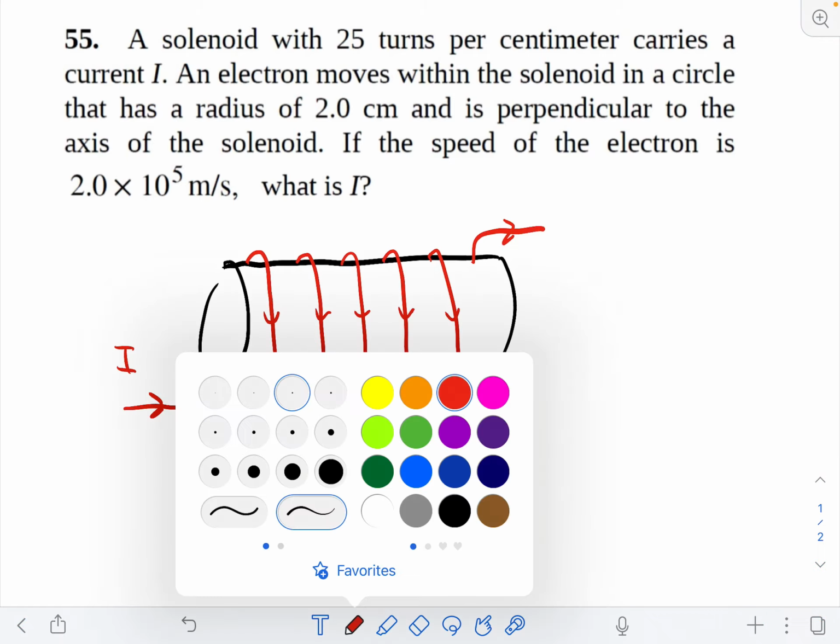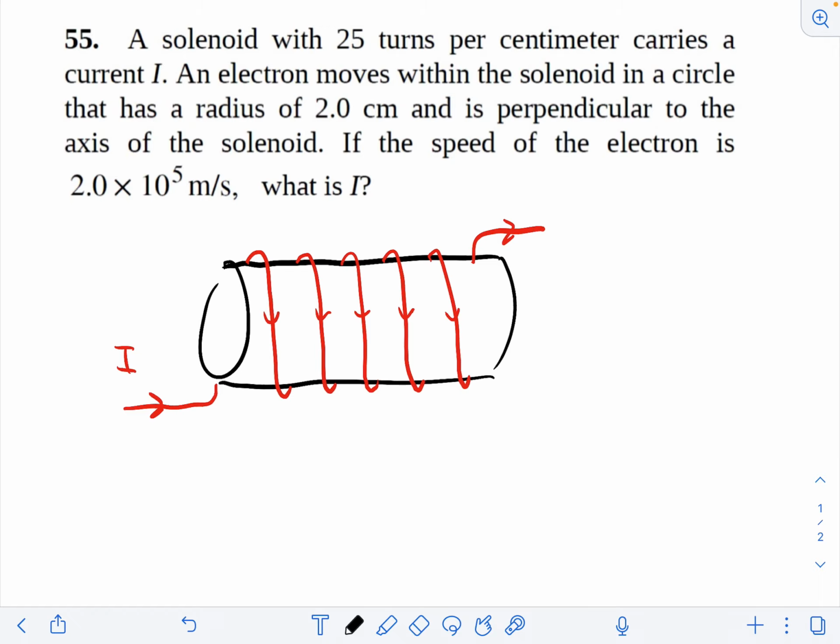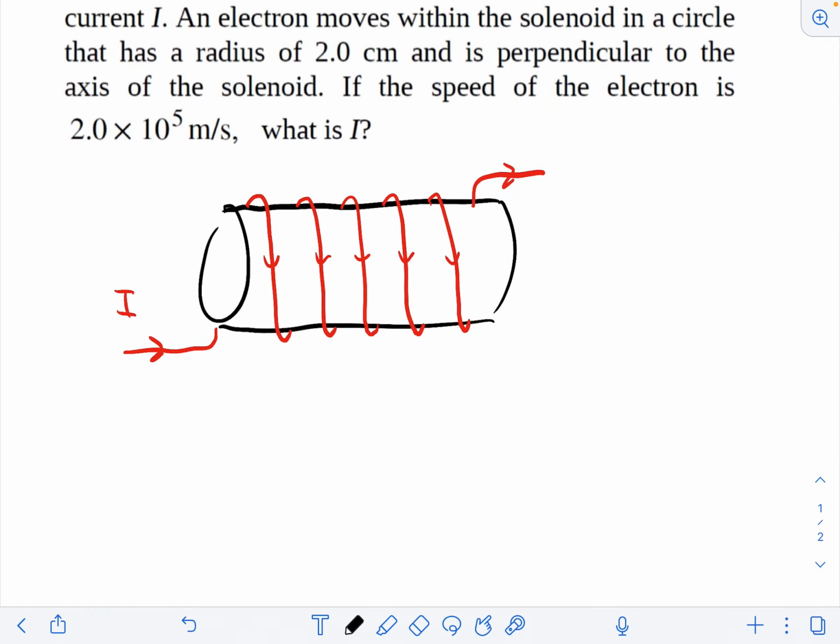The first thing we're going to need to know is the strength of the magnetic field inside the center of the solenoid. Recall that B is mu naught times little n, where little n is the number of turns per unit length, so it has units of inverse length, and then times I.